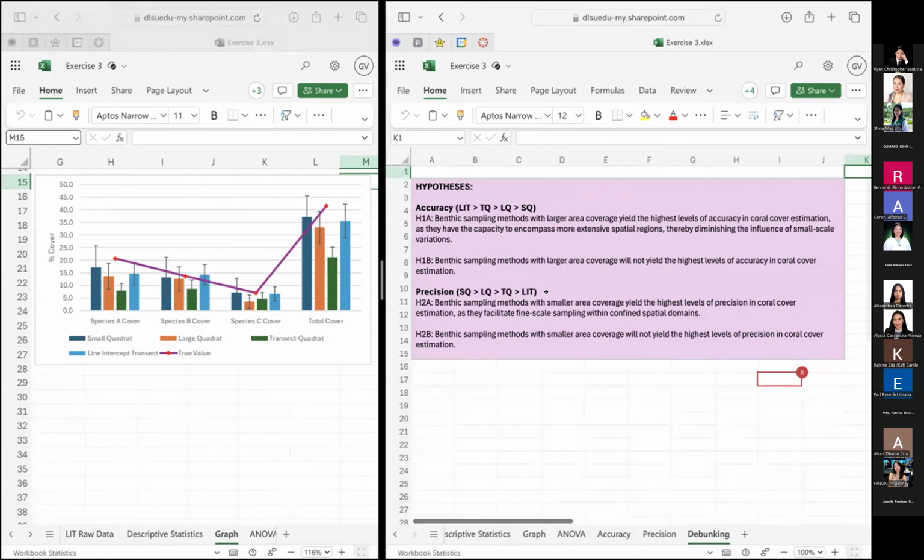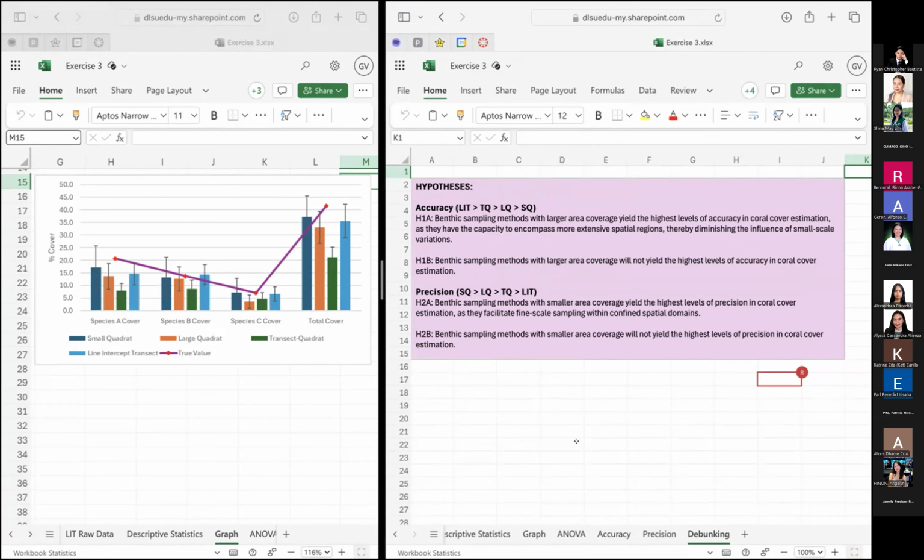Okay, let me first see your hypothesis statements with larger, not yield. Better kung ang partnering ng hypothesis nyo Group 2 is benthic sampling methods with larger coverage area will yield the highest levels of accuracy.